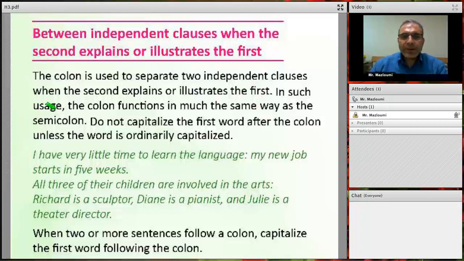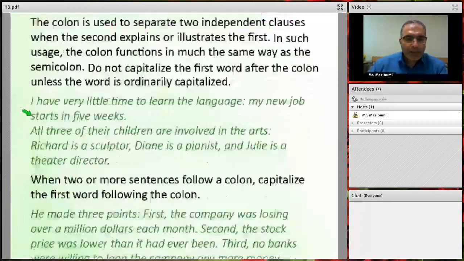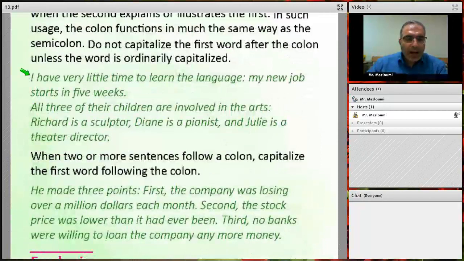So, everyone, we don't capitalize the word after the colon, but if it is usually capitalized, for example, if we use the pronoun I, if we use a proper noun, if we use the name of a country, continent, days of the week, months, we need to capitalize it. Okay? Now, check out the examples.